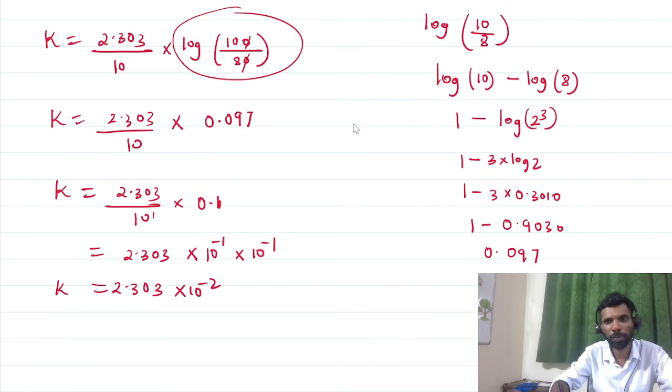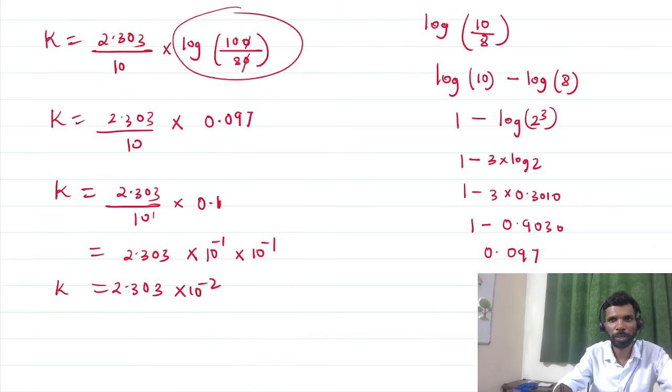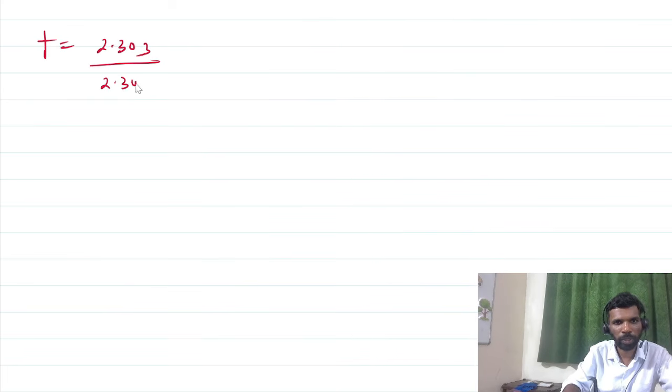Now I need to find for a 75% completion reaction. Now k we got. So time is equal to 2.303, and k I am getting 2.303 into 10 raised to minus 3 per minute into log of R0.